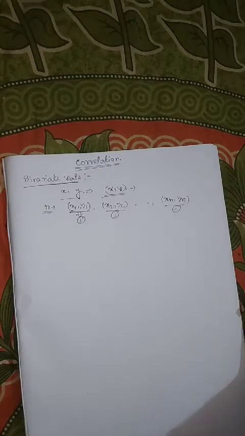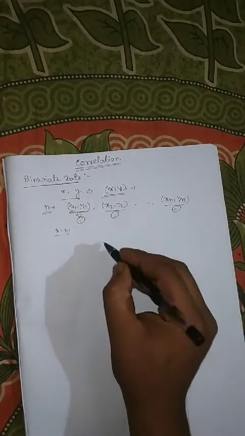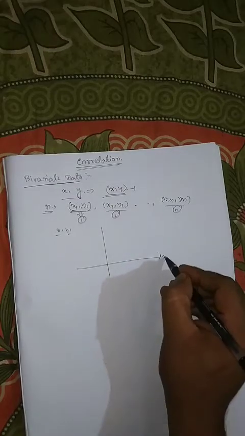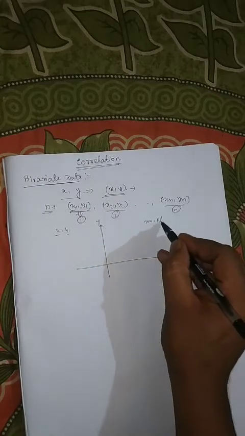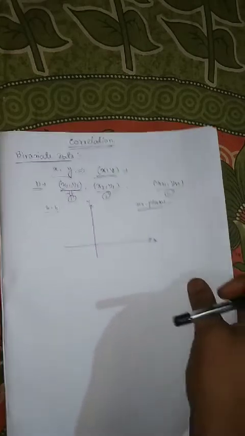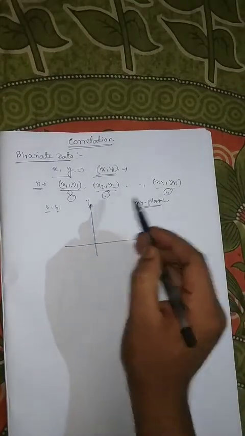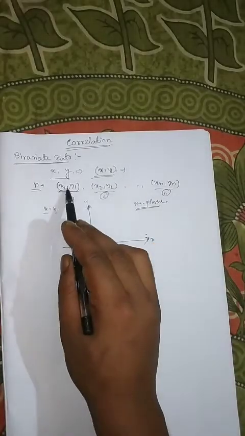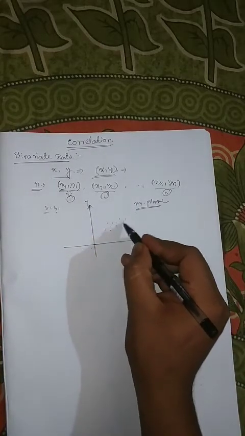Now the next part is, as there are two variables x and y, if we put these values on the x-axis and y-axis in the xy plane, the x variable corresponding to the x-axis and the y variable corresponding to the y-axis, and plot this data in the xy plane, we will get the following points.